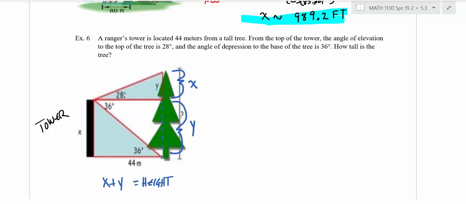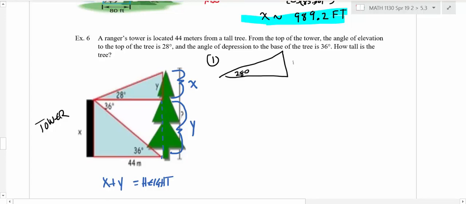Okay, so what we're going to do is do 2 triangles. So the first triangle we're going to involve ourselves with has a 28-degree angle. That side's x. Now this side would be 44 because we're going to assume that, of course, is the same distance. If that's 44, so is that. Okay, so if you talk out what you have in this problem, we want to figure out which trig function to use.